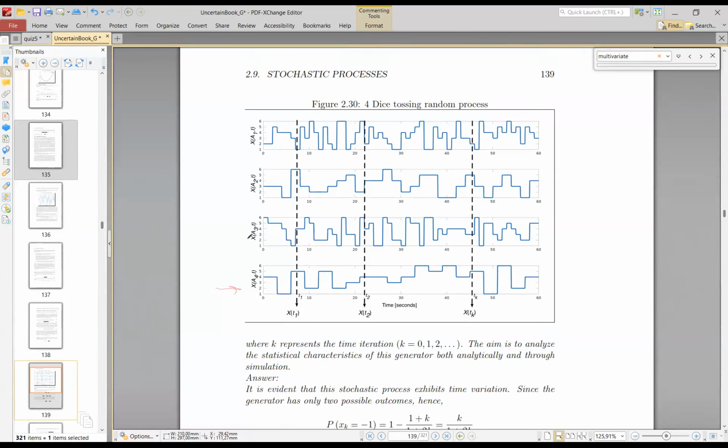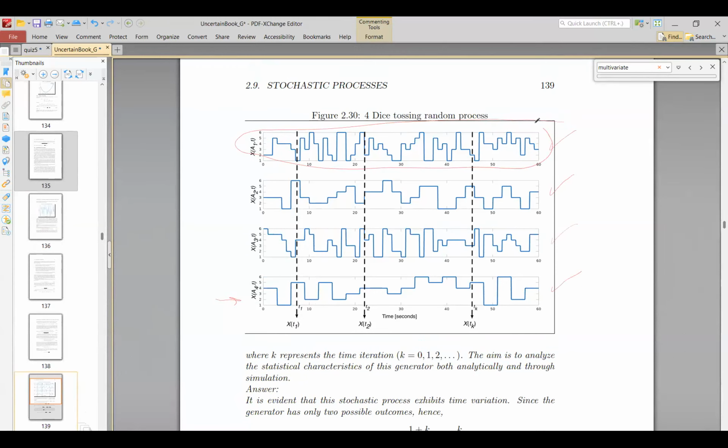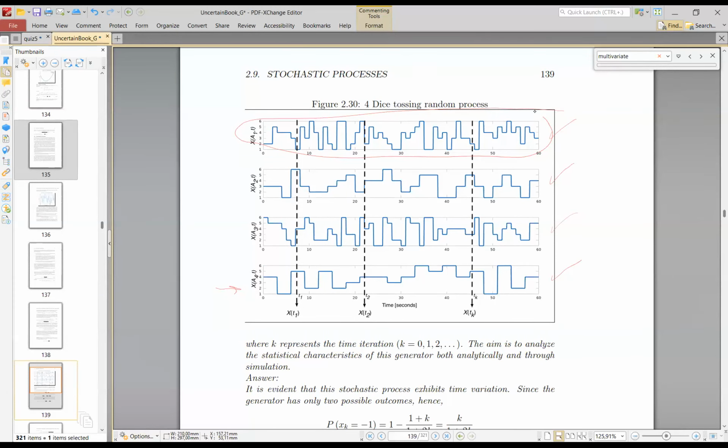In A3 we have faster changes. A2 is somewhere in the middle between A4 and A3, and so on. So each one might have different time characteristics.